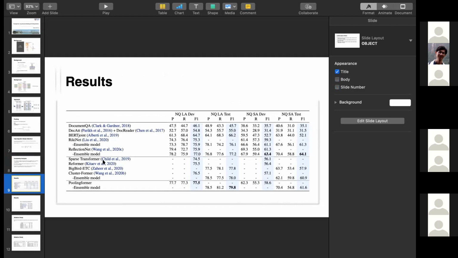They tested on the question answering data set, where LA stands for long answer and SA stands for short answer. You can see that it performs well on the long answer compared to other state-of-the-art models, and it's not the best on the short answer data sets.